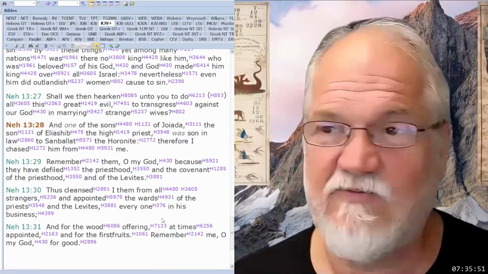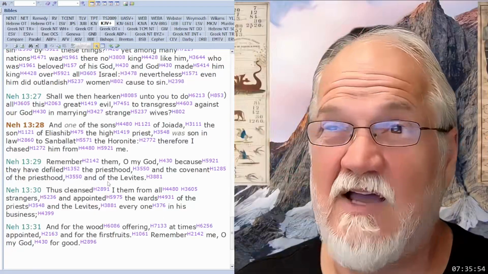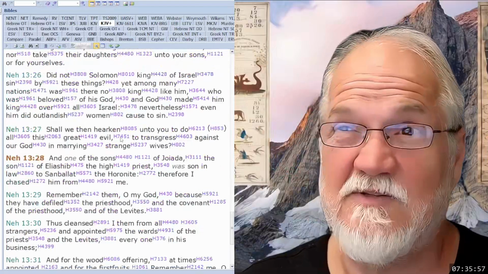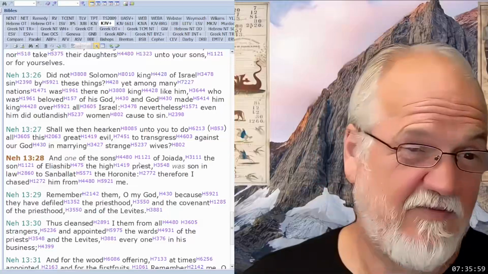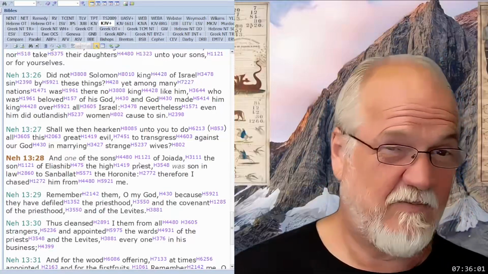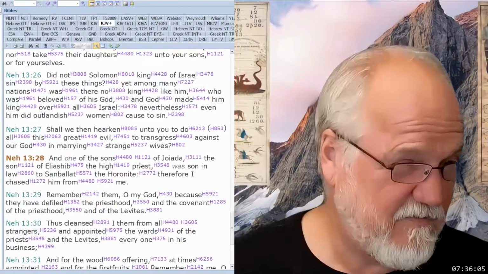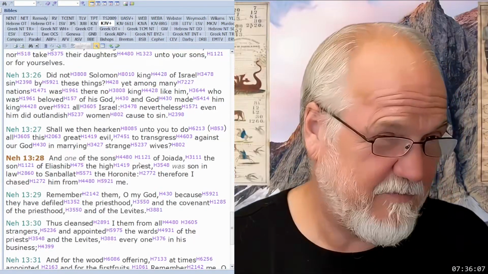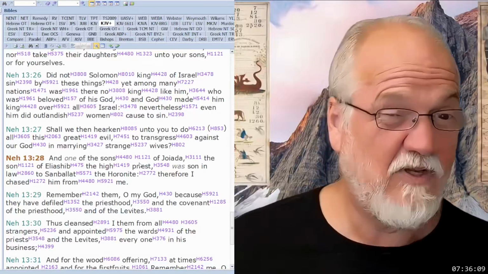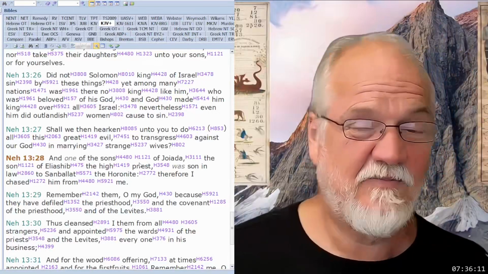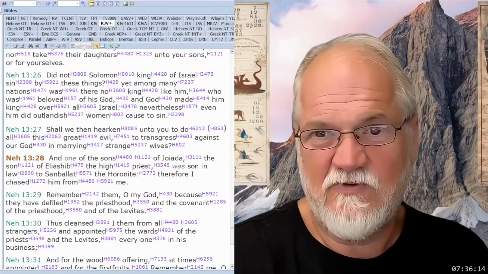He finishes off with that. So there's some kind of situation. These people who had married strange wives are going to be separated from those strange wives, and there's some kind of labor that's appointed to them, dealing with the hauling of wood and things like that. I'm not particularly certain what that's referring to.